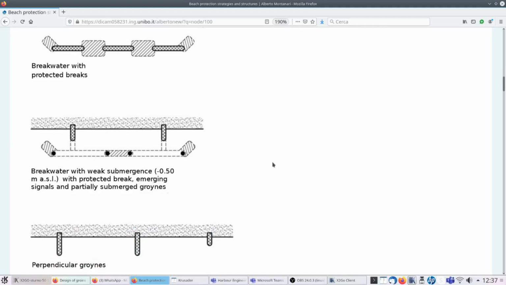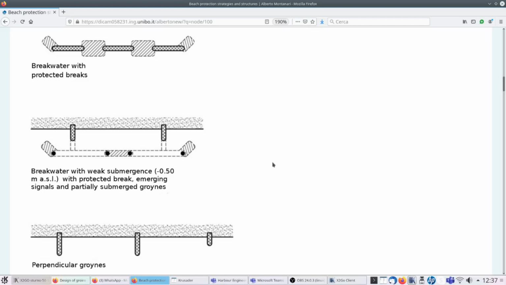So what is the main difference between breakwaters and groins? Groins are effective in limiting the along-shore sediment transport. Breakwaters are effective in limiting the cross-shore sediment transport. So depending on the dominant process, you may need one rather than the other, or a combination of the two.